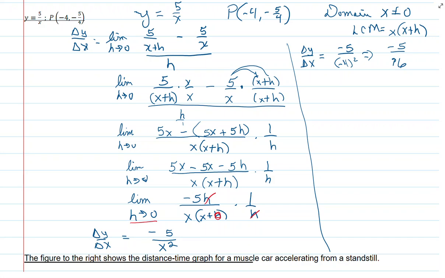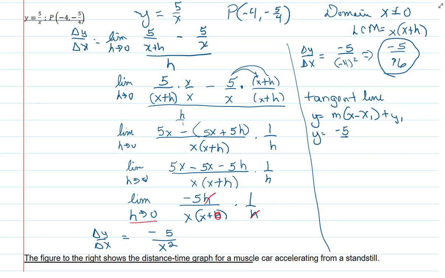Here we go. So I have my slope, and we want the tangent line. The minus. Right.